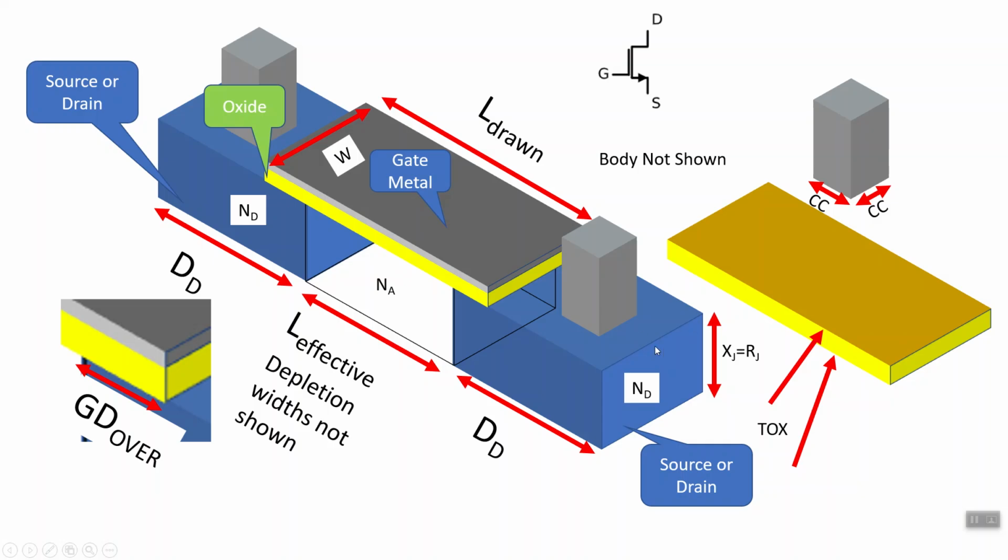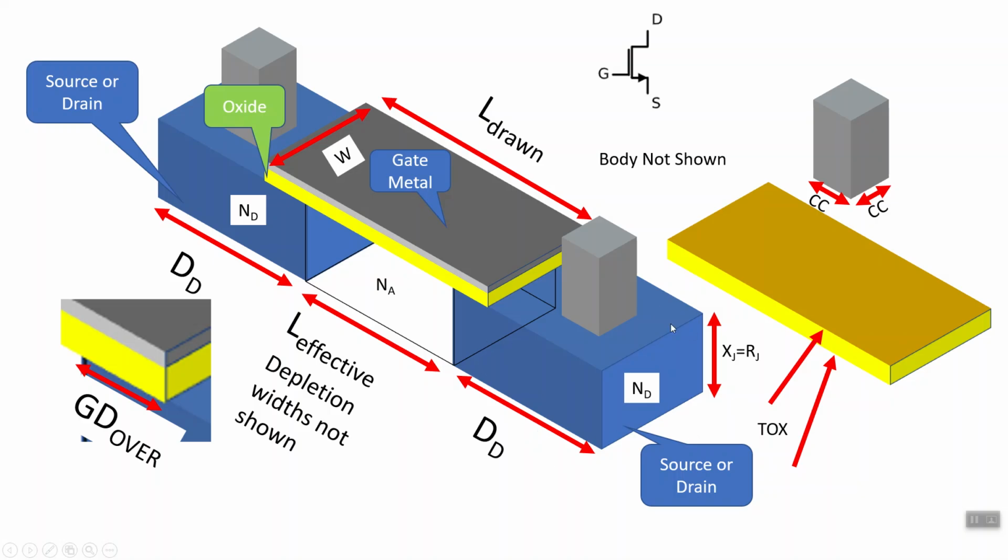And if I shrink the width and the length, I've still got this source and drain region, which is causing a capacitance. And a quick aside, all this blue area would be N-type, everything around it would be P-type.